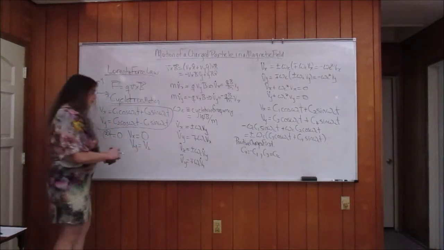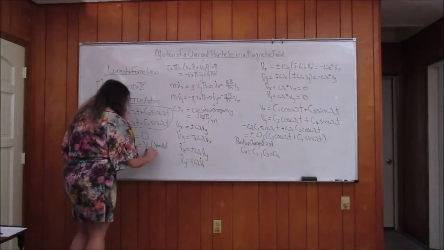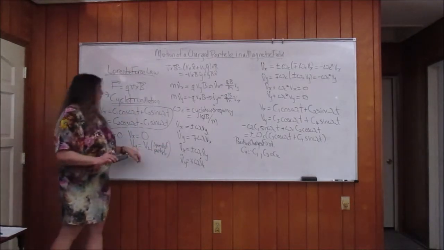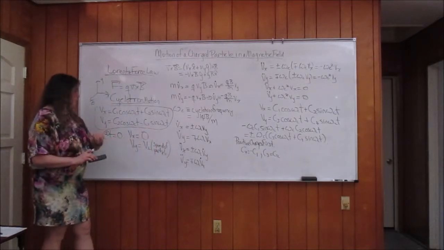So this is the speed of the particle. So all I'm saying here is that at some time t equals 0, the velocity is only in the y direction and it has a speed, V perpendicular.